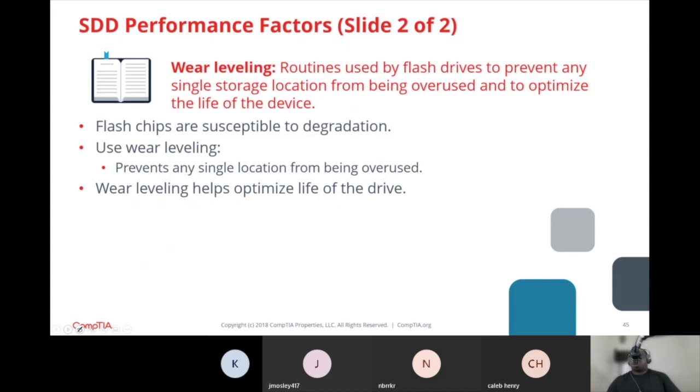Flash chips are susceptible to degradation. Wear leveling helps optimize the life of the drive, meaning it's not going to use only one space and then move on to the next. It's going to try to spread out everything all over the drive.